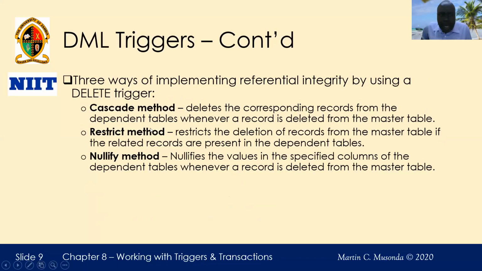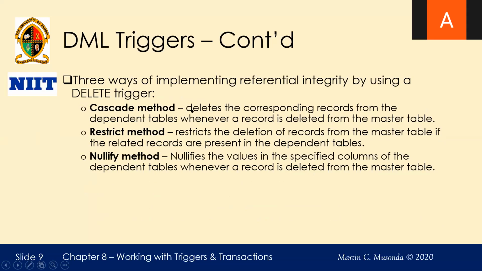Now, there are three ways of implementing referential integrity by using delete triggers. The first one is called cascade method. The second is restrict method. The third is nullify method.